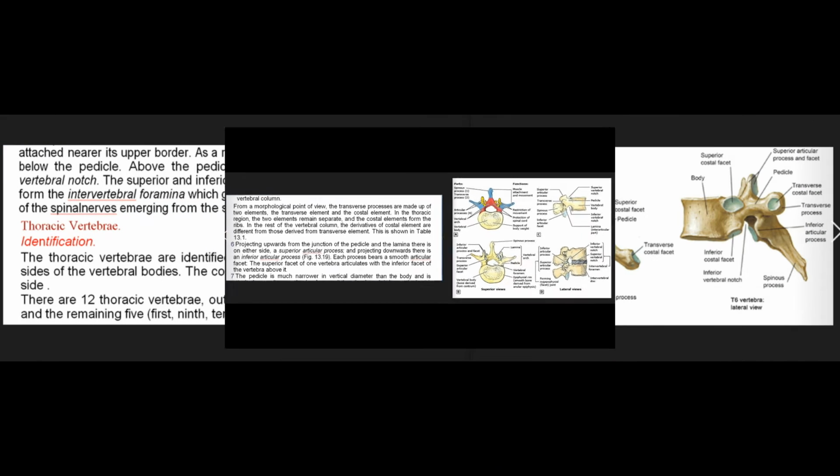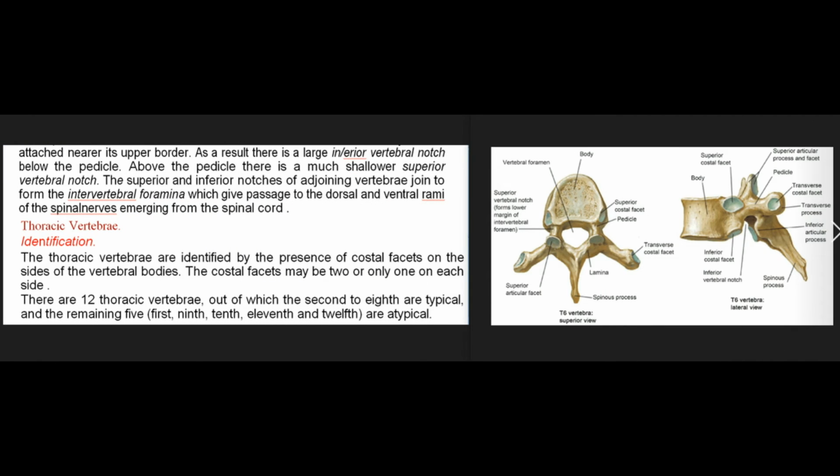The pedicle is much narrower in vertical diameter than the body and is attached nearer its upper border. As a result, there is a large inferior vertebral notch below the pedicle. Above the pedicle there is a much shallower superior vertebral notch. The superior and inferior notches of adjoining vertebrae join to form the intervertebral foramina, which give passage to the dorsal and ventral rami of the spinal nerves emerging from the spinal cord.